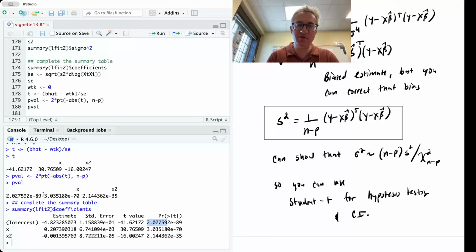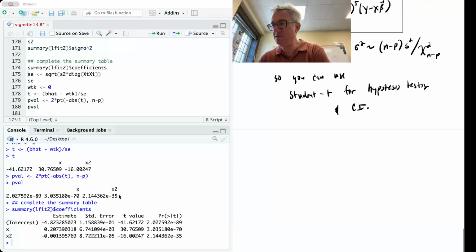So we'd reject the null hypothesis that the intercept is 0. And we definitely would reject the null hypothesis that the first slope is 0. And we would definitely reject the null hypothesis that the second slope is 0. I'm going to leave confidence intervals to you. It's just the inverse of that same calculation.